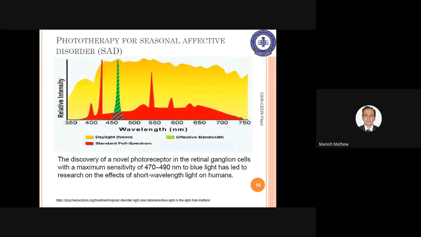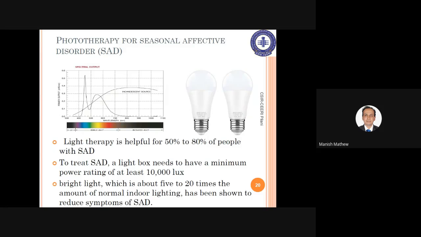The only way to make this LED is with the help of III-nitride materials. You can easily make the LEDs with III-nitride materials, and the material will be indium gallium nitride. And you can have a wavelength in the range from 470 to 490. So this is the spectrum that will be very effective for seasonal affective disorder.